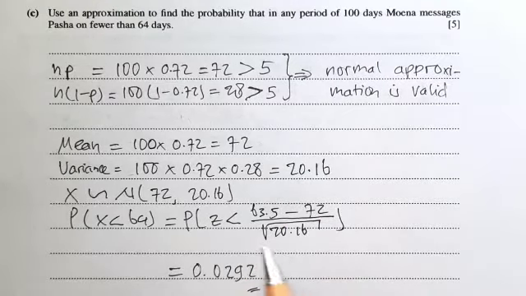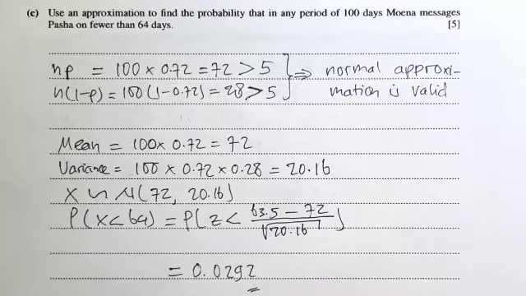Now here 64 becomes 63.5. The minus 0.5, from 64 to 63.5, is necessary because you are approximating a discrete distribution by a continuous distribution. It is called a continuity correction.